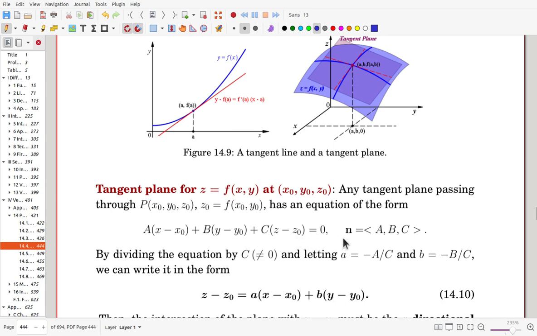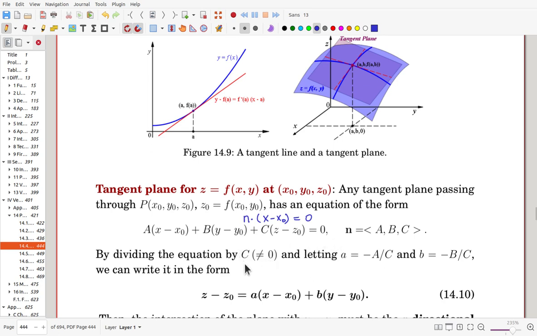In vector notation, the normal vector dotted with the vector (x minus x0), the given point, equals 0. In detail, we can write it this way.